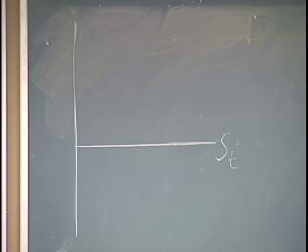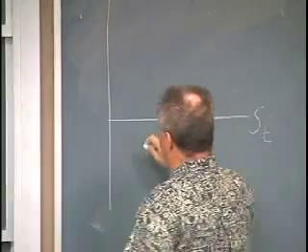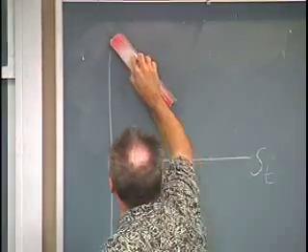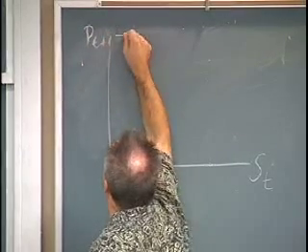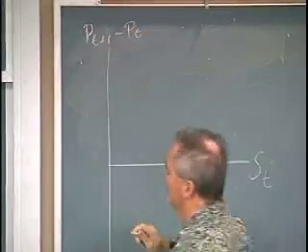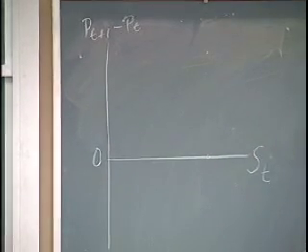Okay, so we have two different time periods. We have period t and period t plus 1. So the price in period t plus 1 minus the price in period t is an intertemporal price spread.